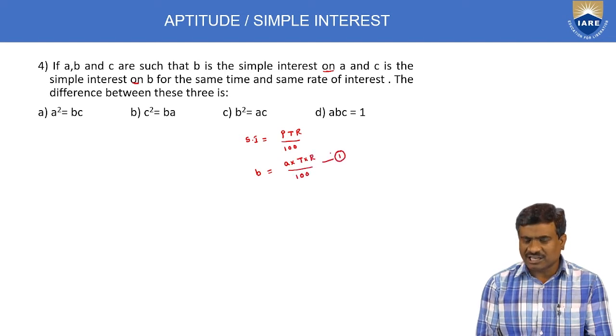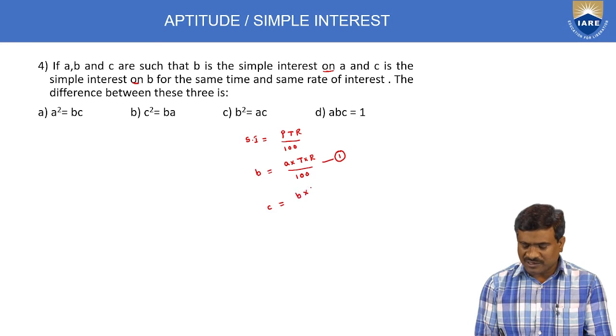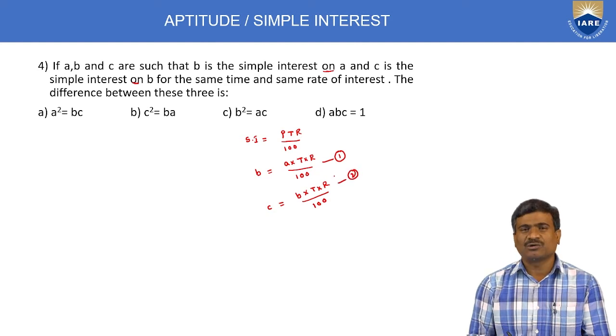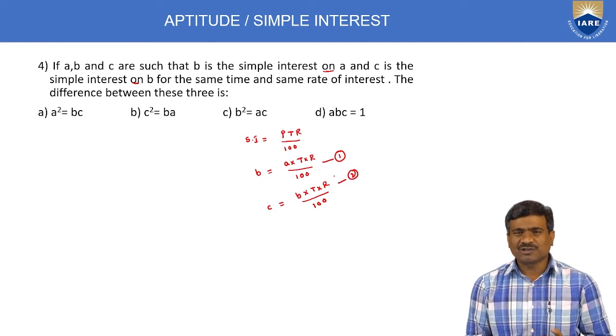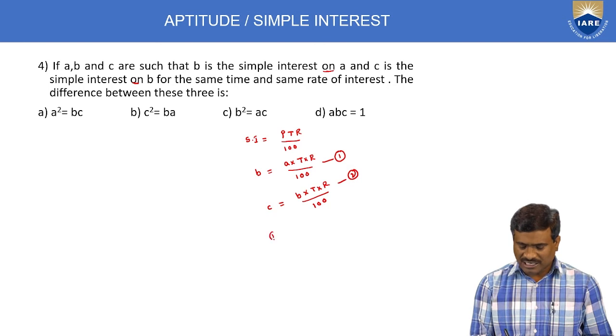This is the first equation. Second equation: C is the simple interest on B, so B is the principal amount, same rate and same time, C is equal to B into TR by 100.